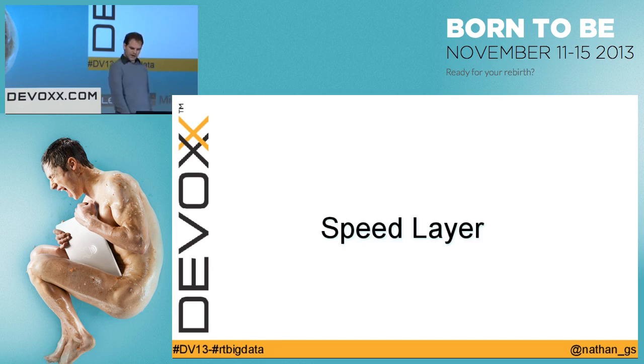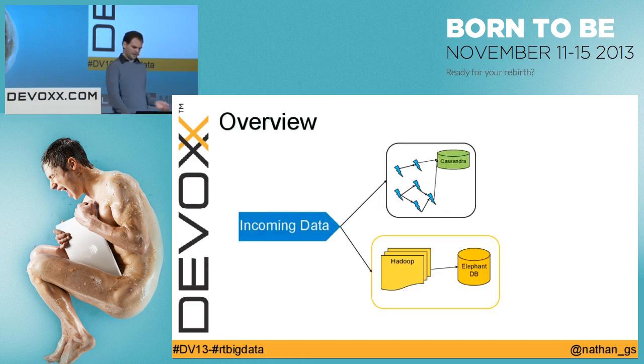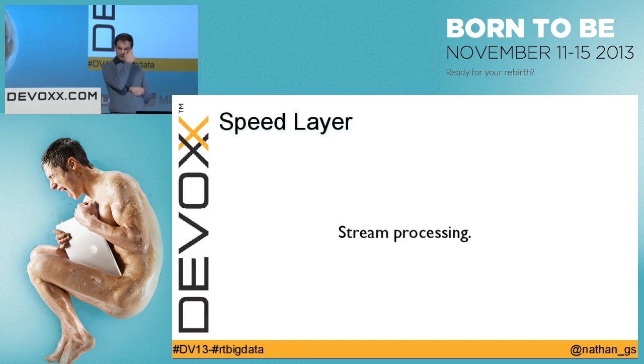Just as a quick reminder, we just spoke about our ingestion and our batch layer, and we're now going to talk about our speed layer. Our speed layer is mostly based on stream processing.